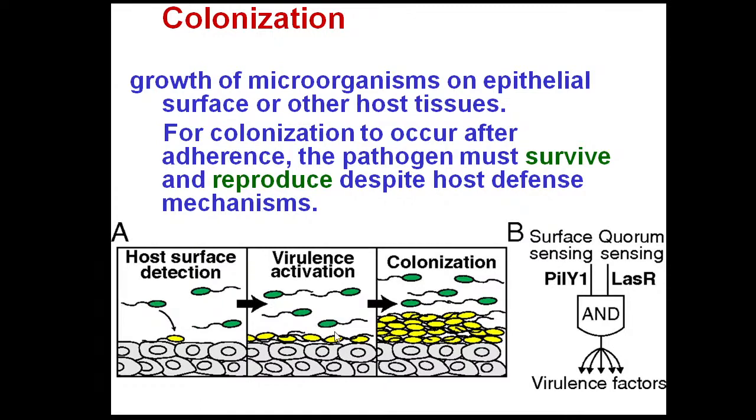And then, due to the involvement of quorum sensing, virulence will be activated and colonization of the surface will occur, because as soon as we have a population of bacteria, they start exchanging signals.